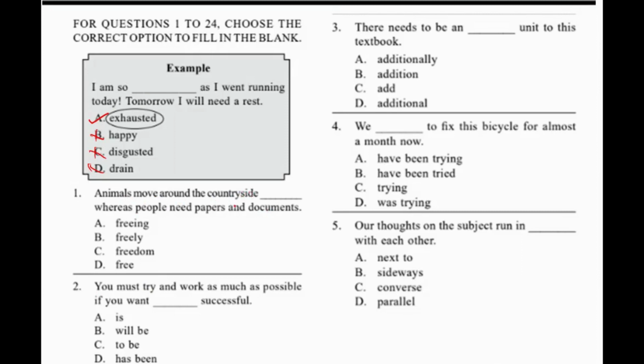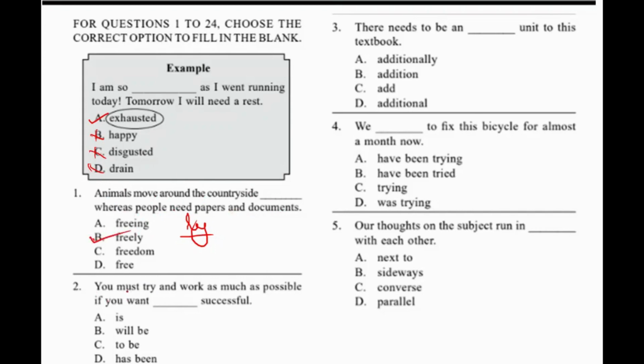As I've told you, 90% of the time your adverbs will end in ly. Where do we have that? In option B. So animals move around the countryside freely, whereas people need papers and documents. Option B is our correct answer.